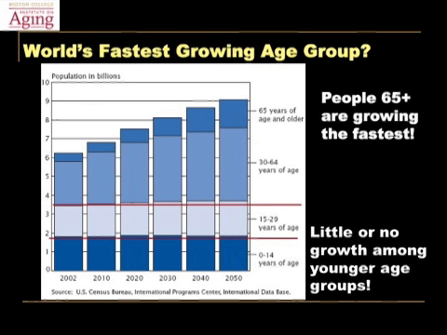In fact, there will be no more children in the world than there are today. So, although the world's population is growing, it's not growing because there will be more children. Indeed, according to these charts and other data, there aren't going to be more children in the world. In fact, the real growth of the world's population is among our older cohorts.